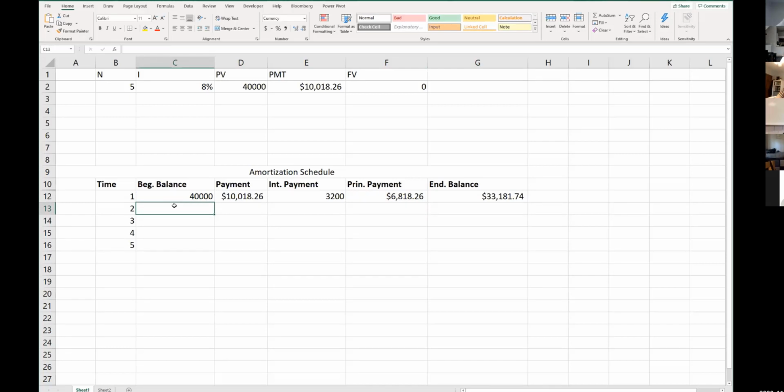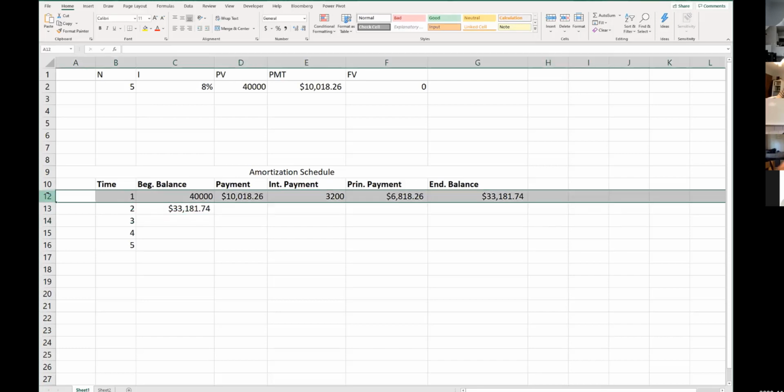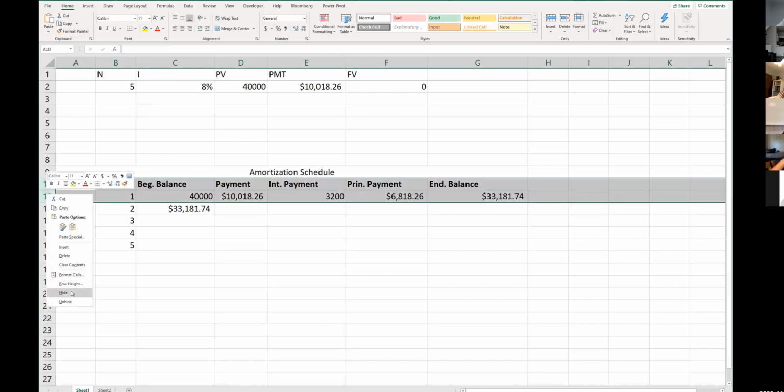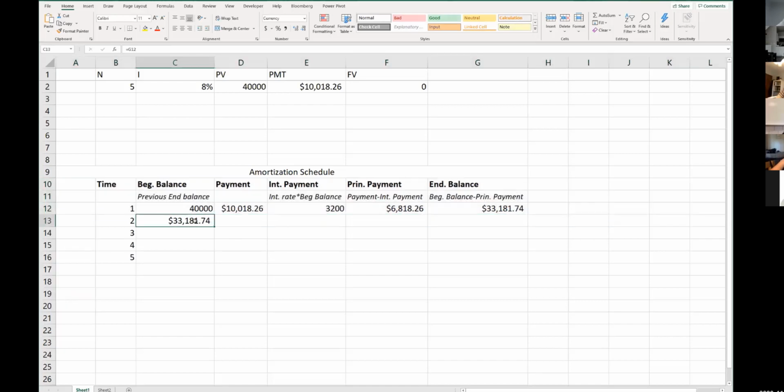So next period, how much is your outstanding amount? Next period forward, so now you are in year 2. Very good. 33,181. So it's the same as our balance the period before. Right? Okay. If you have this, you can unhide it. So select 10 and 12. Yes, Mao, unhide that and then you can see.